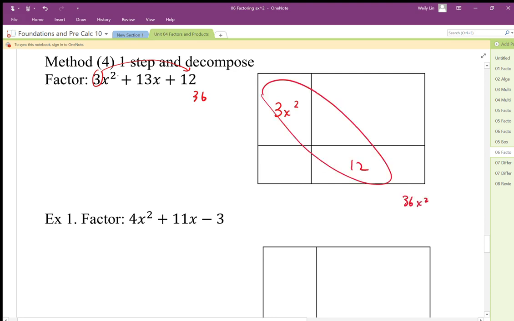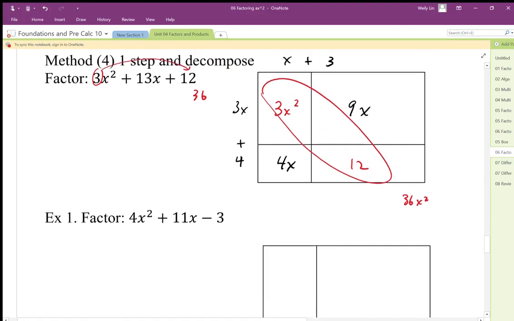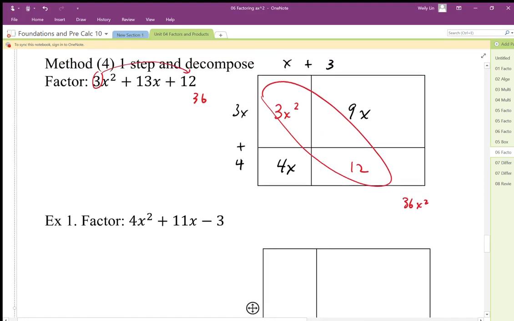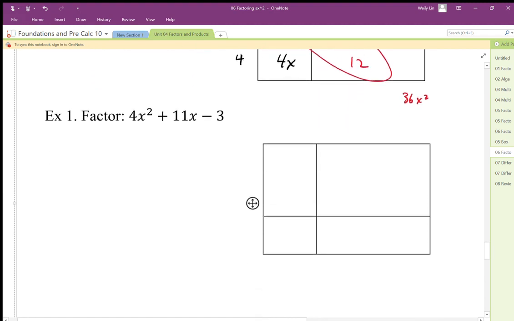It shows up as first times last. And that allows us to split up the 13 into 9 times 4, which gives us the 36. There it is, 3x plus 4, x plus 3. And again, it doesn't really matter which is our length and width. If I switch these, it doesn't make any difference except the horizontal and the vertical just switch.